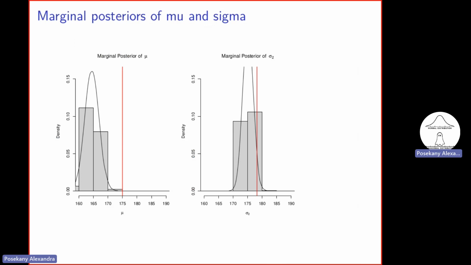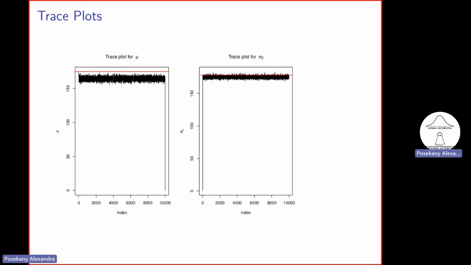But still the 0 information which I give it from the prior draws this posterior in the direction of the 0. And in this case, it causes a bias which is large enough for us to still see, which is not nice. A little bit disconcerting. So the second thing is these trace plots.